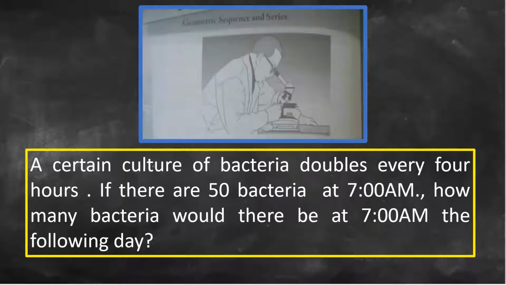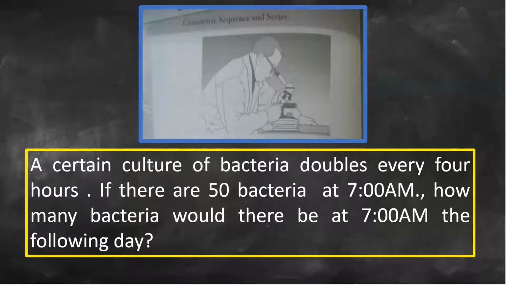So take a look at the first scenario that we have here. In this particular scenario, we have a certain culture of bacteria that doubles every 4 hours. If there are 50 bacteria at 7 a.m., how many bacteria would there be at 7 a.m. the following day?